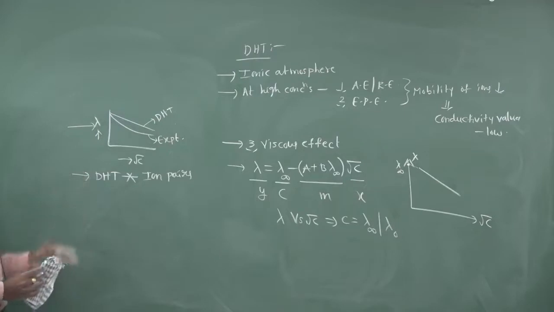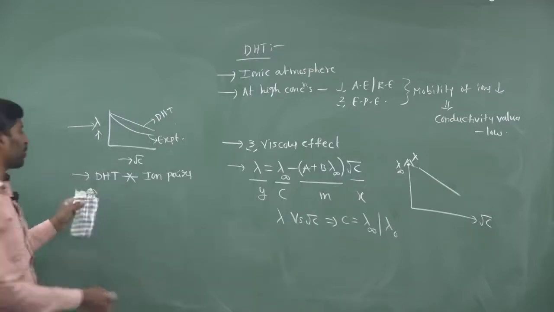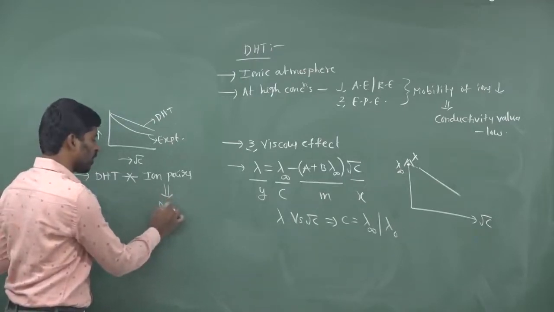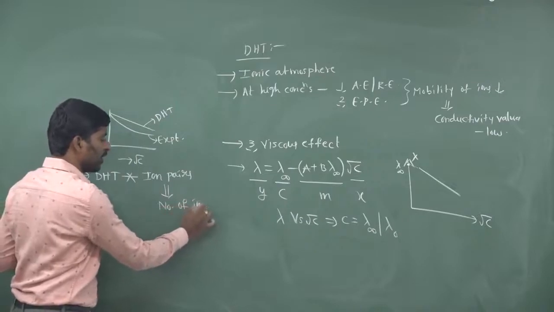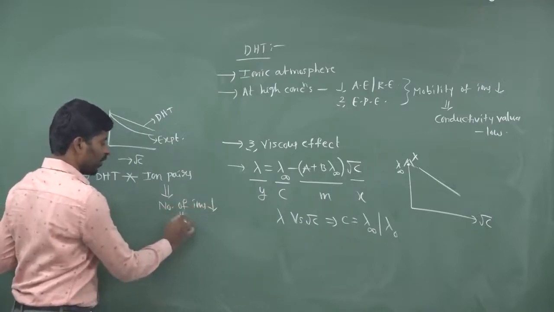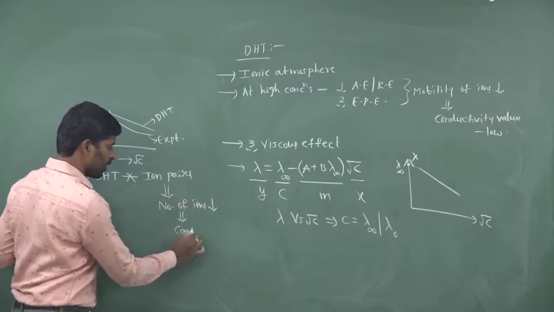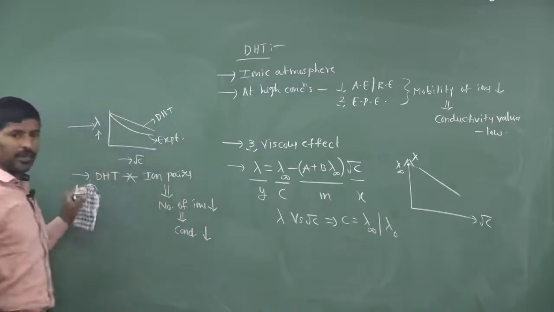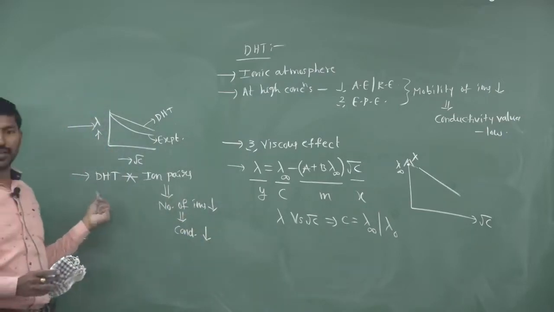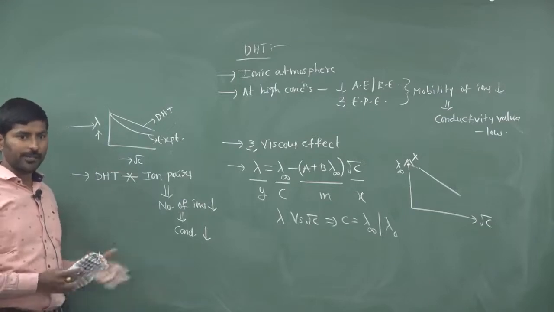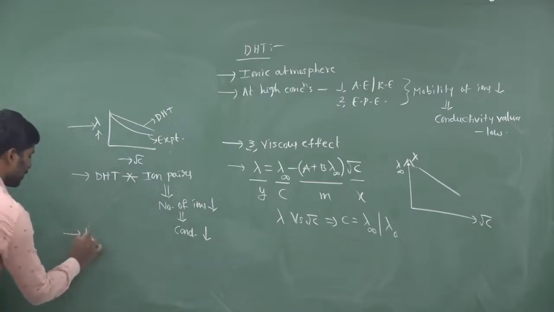Whenever ion pair formation takes place, what about the number of ions? The number of ions decreases, so conductivity also decreases. That is not considered by Debye-Hückel theory, but it is considered by what? Bjerrum's theory.